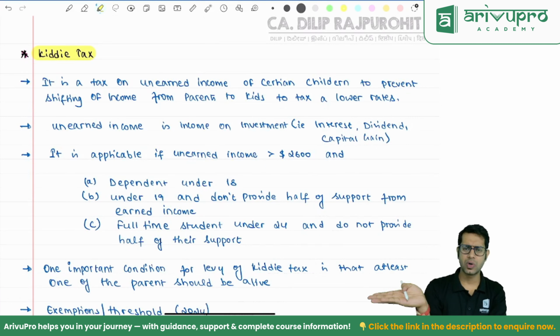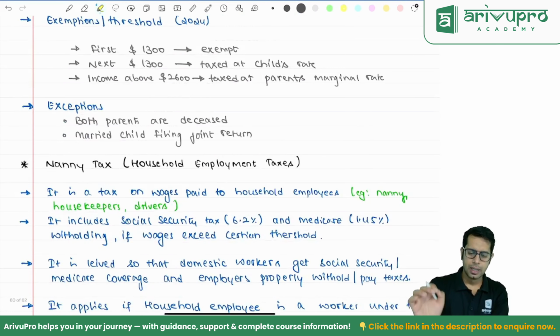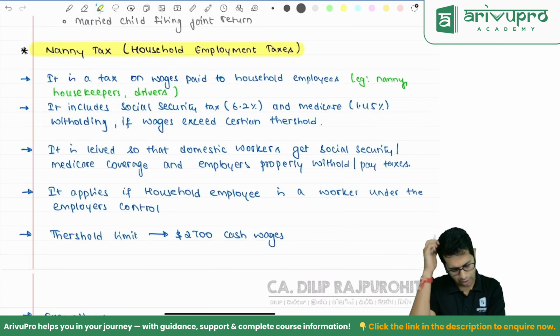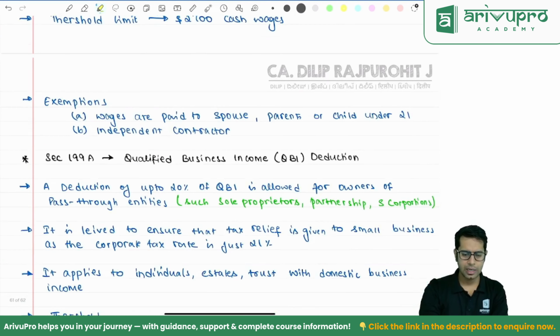Because many parents make investment in the name of the child, so that they don't have to pay any taxes or pay lesser amount of taxes. Then nanny taxes or household employment taxes. So here, if you have any house help or nanny, for them whatever wages you are paying them, on that this nanny tax is applicable, so that they also get the benefit of social security and Medicare benefit like other individuals.